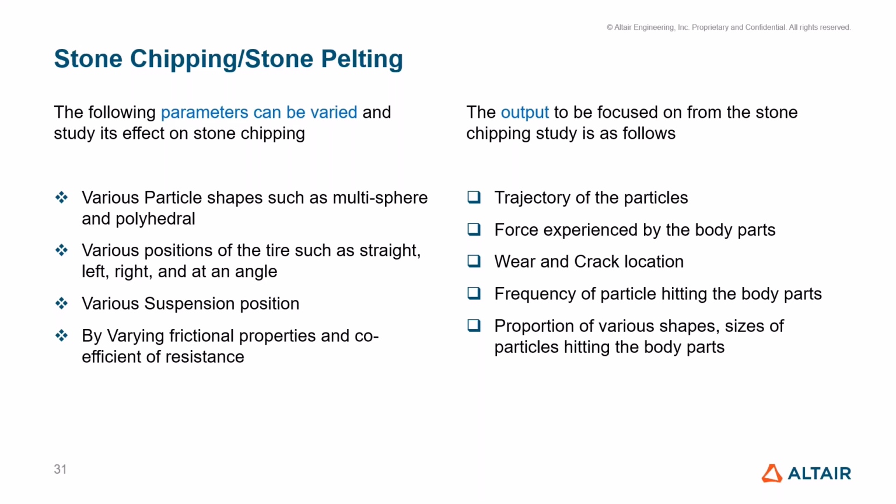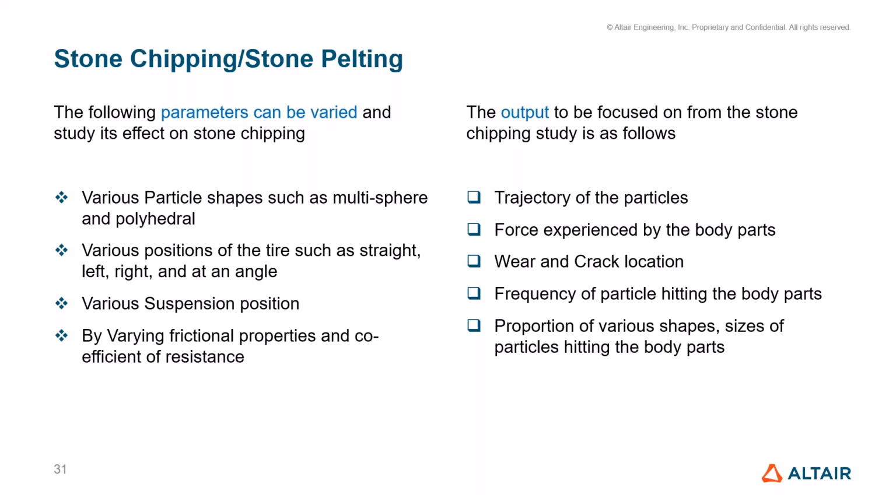What are the key parameters which will be varied to study their effects on stone chipping? We can vary the particle shape, such as multispheres or polyhedral elements.